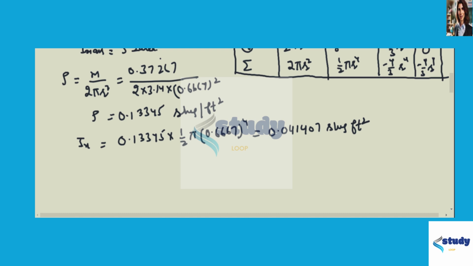Ixy you may calculate 0.13345 minus 4 by 3 pi, minus 4 by 3 r to the power of 0.667.